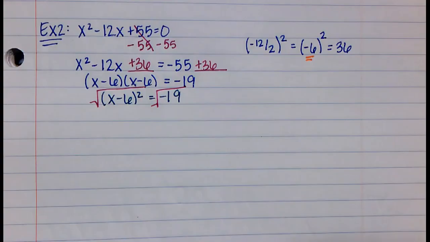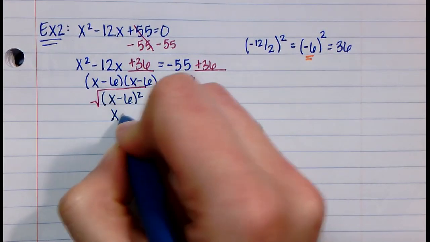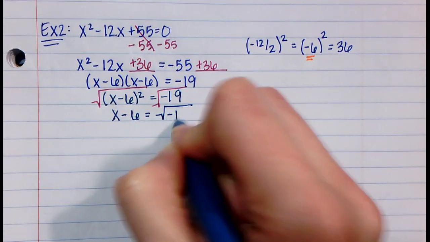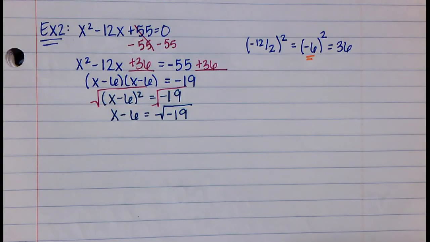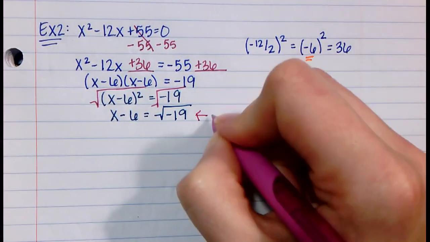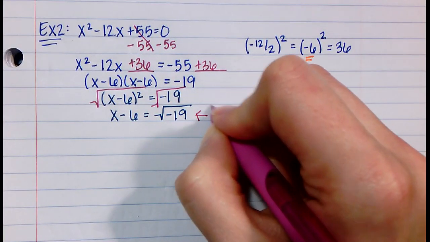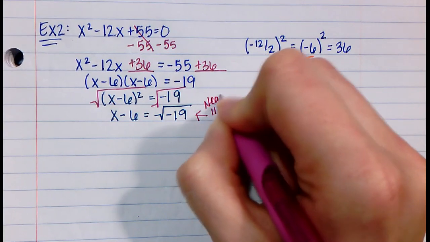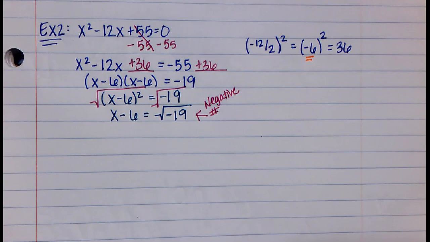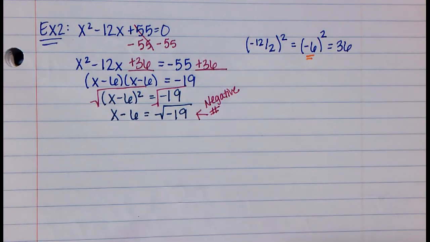This would leave us with x minus 6 equals the square root of -19. But this is where we need to stop because this is a negative number. We cannot have a negative radical, so this means that this quadratic has no real solutions.